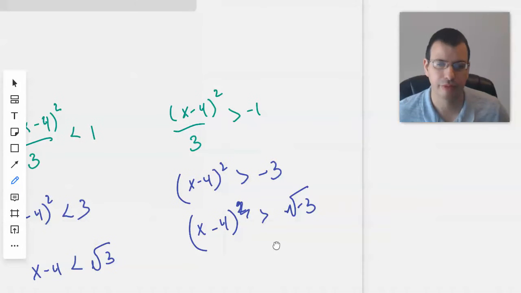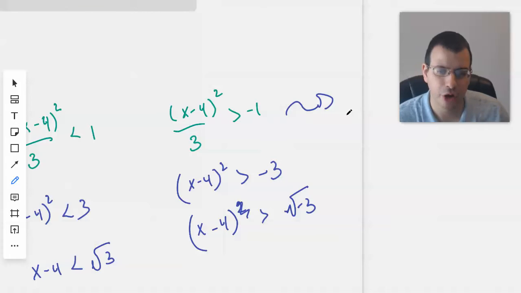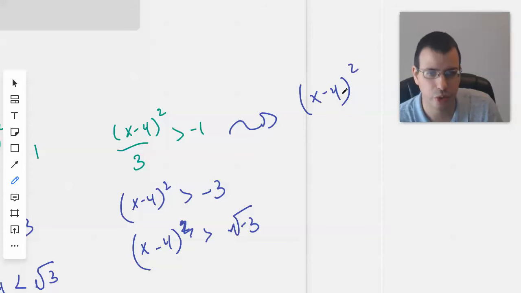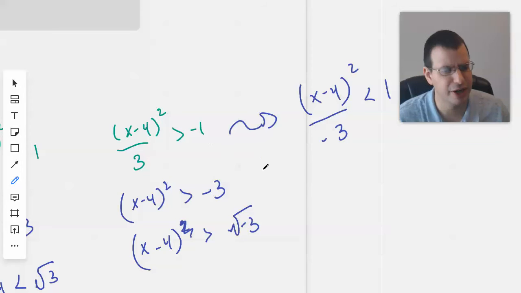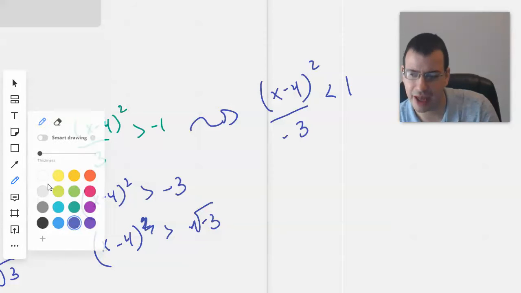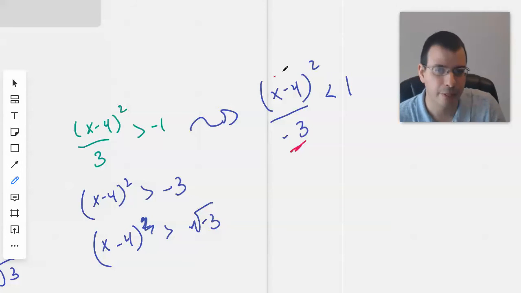Interesting. Okay, so I'm going to rewrite this a little bit. I'm going to say instead that we have (x minus 4) squared over negative 3 is less than 1. What I did is basically divide by negative 1. Then I'll take the square root of both sides, and I think I can do that because this is also negative.